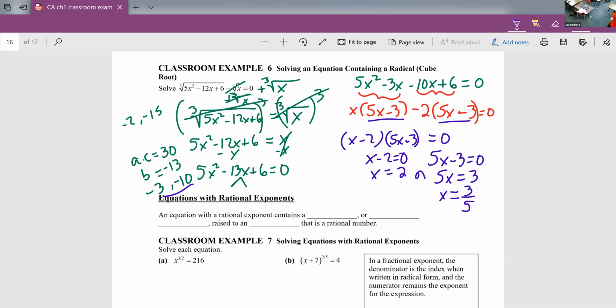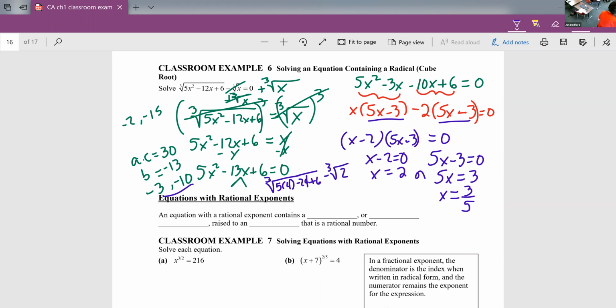If I put in 2, I've got the cubed root of 5 times, what happens when I square 2? 2 squared is 4, minus 12 times 2 is 24, plus 6, that's all under that first cubed root, and I want to see if that is equal to 0 if I subtract the cubed root of 2 from it.